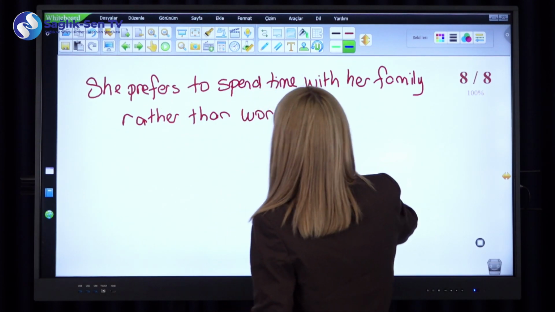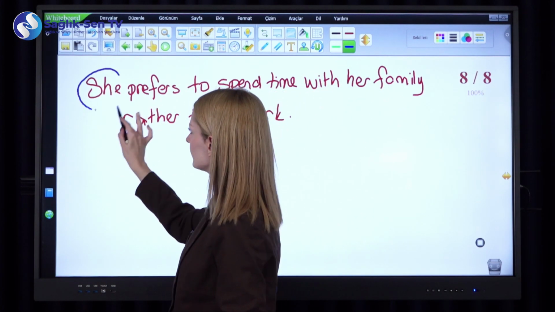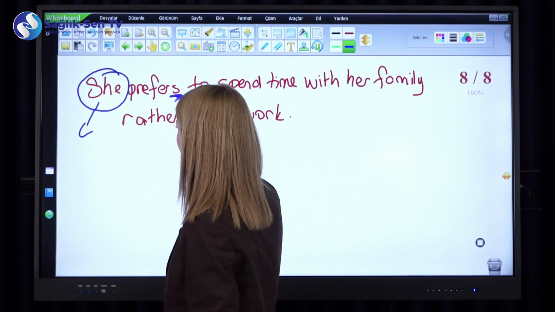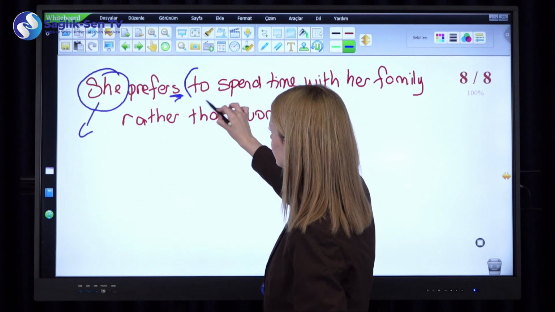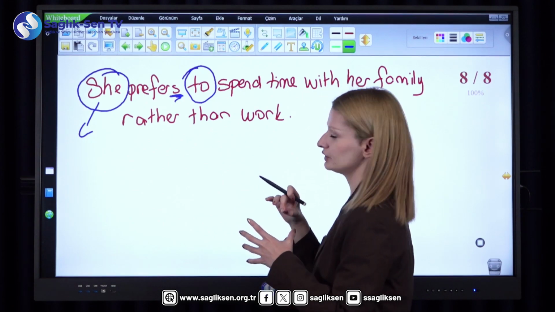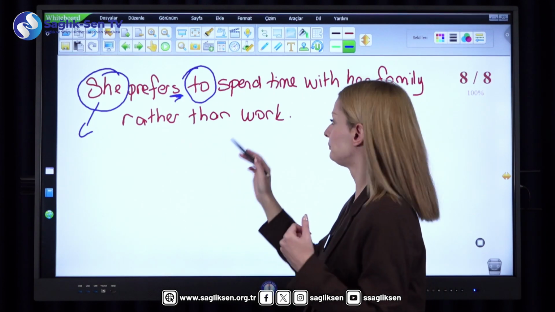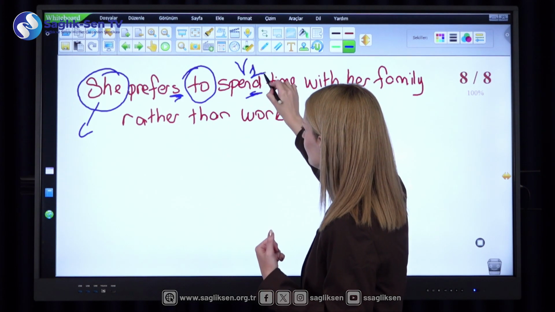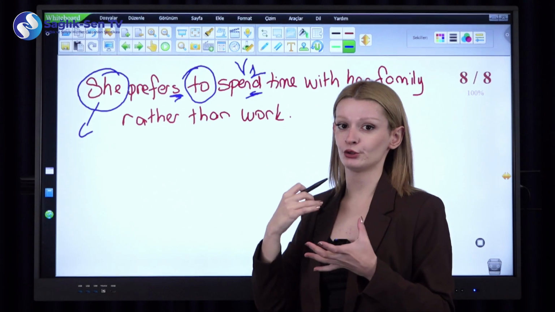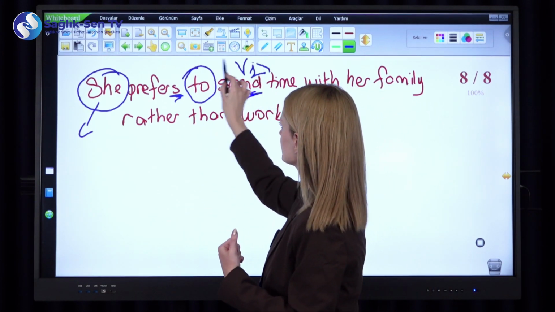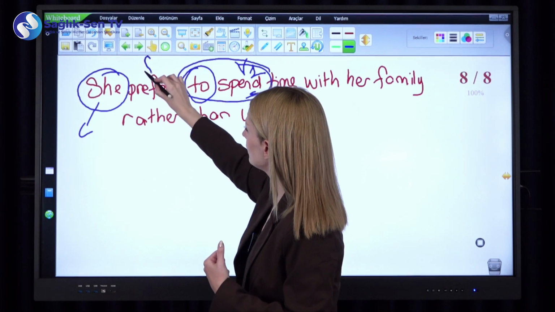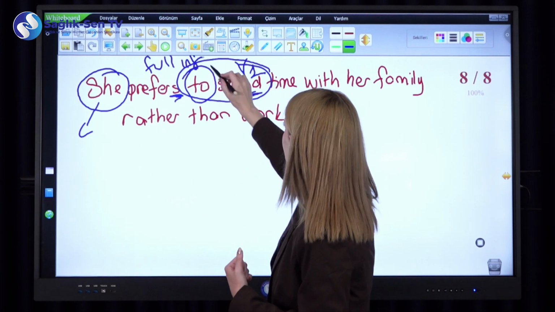Our subject is she, that's why I added s. This is how we use it: if we want to use verb 1 after prefer, we have to add to, which is the full infinitive.